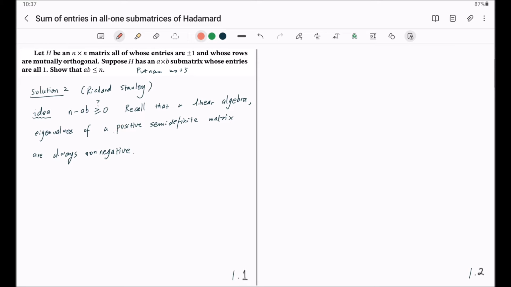We will abbreviate this as PSD. And now the goal is to find a PSD matrix from this matrix H with n minus AB as an eigenvalue. So that is the idea of the proof.